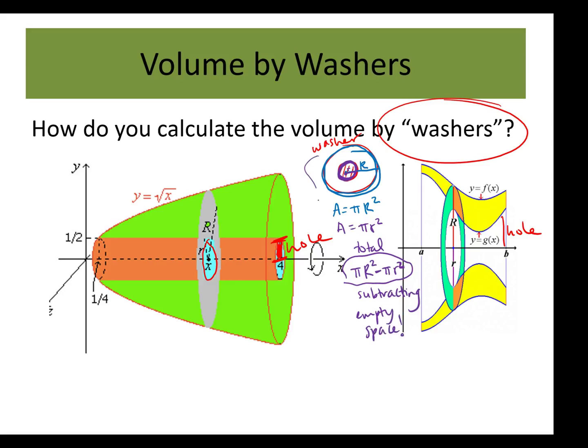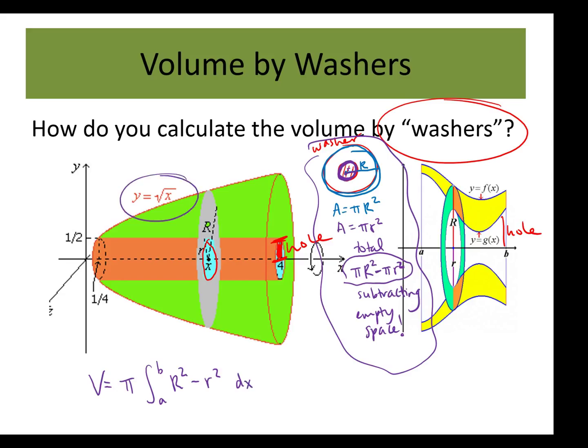Okay, so that is what we're going to use now as we do our volume equation. We're going to have pi, still some bounds, with capital R squared minus lower r squared. And that's still in terms of x right now, because these are all functions in terms of x.